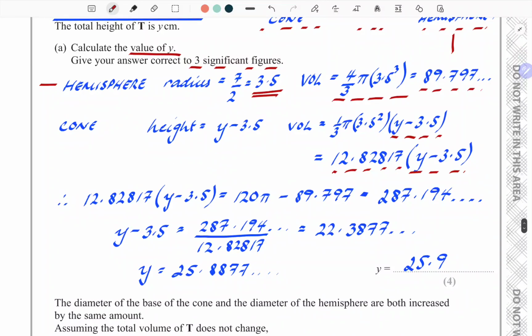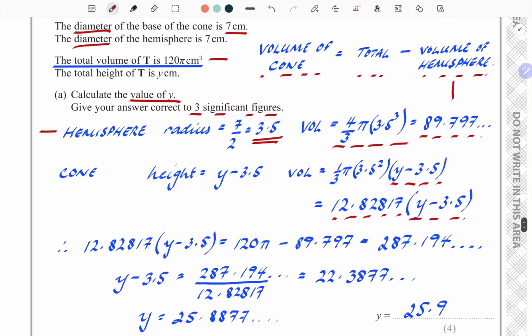So using the statement, the volume of the cone is total volume minus the hemisphere volume. So we're just putting all those details that we worked out in one place. So there we are.